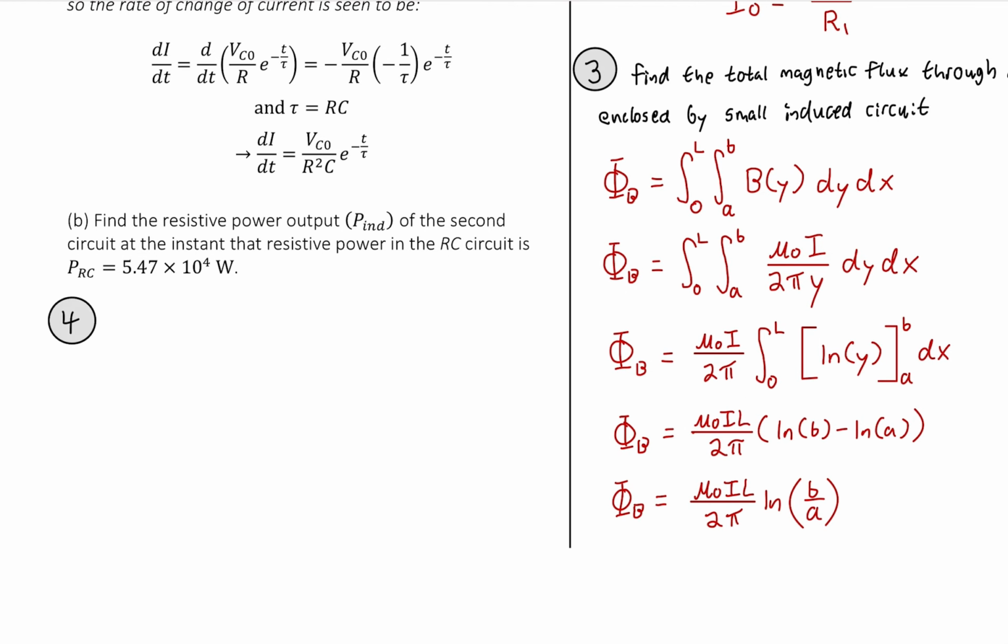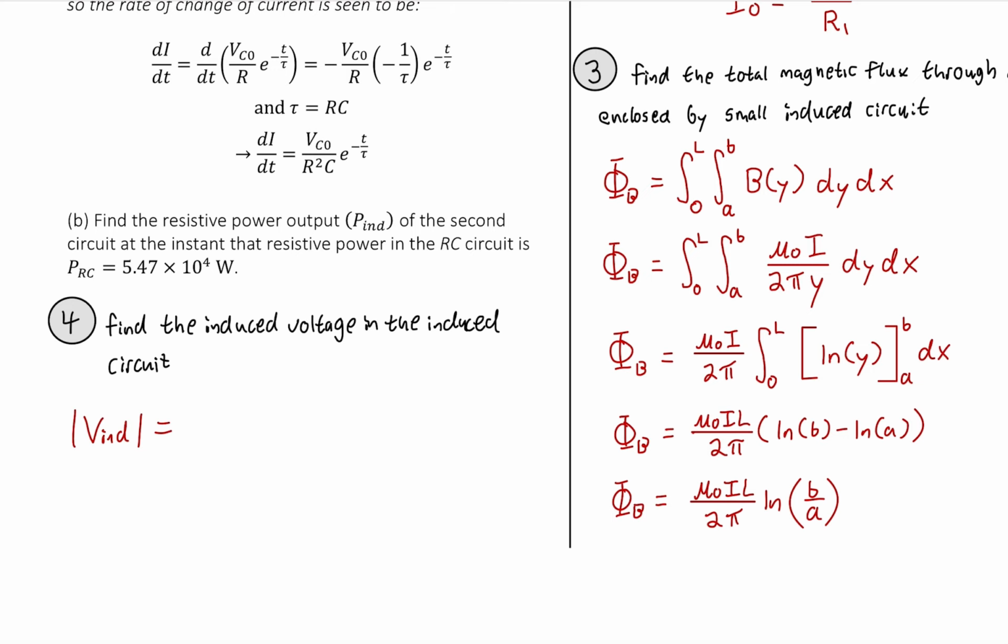And this is just going to be find the induced voltage in the, you guessed it, induced circuit. The induced in the induced. Okay? So then that's going to be the magnitude of our induced voltage.